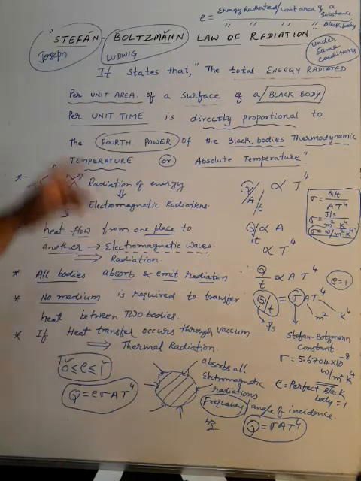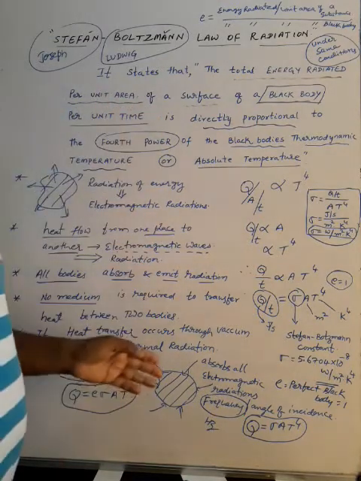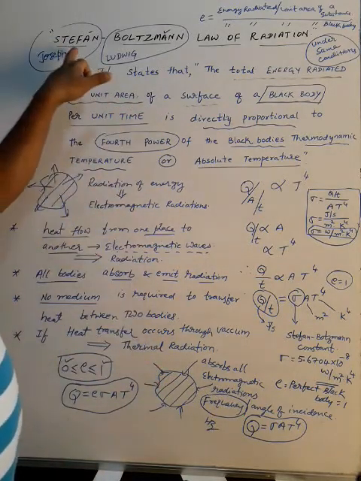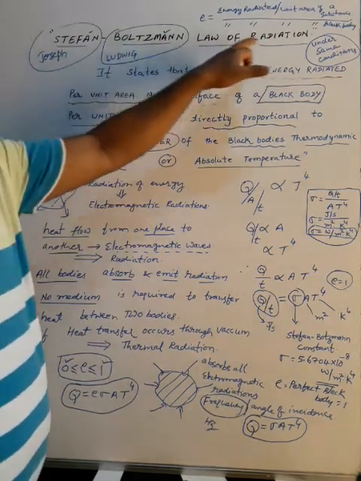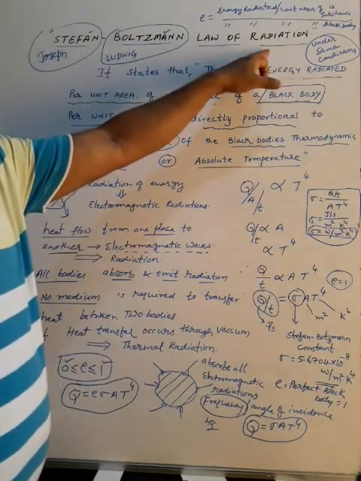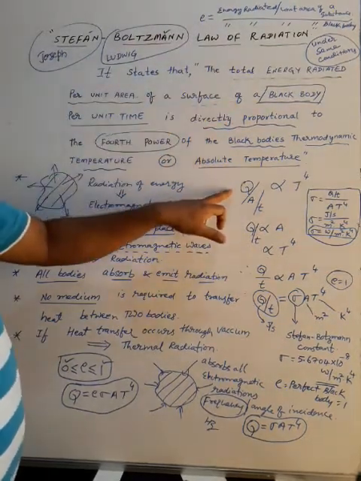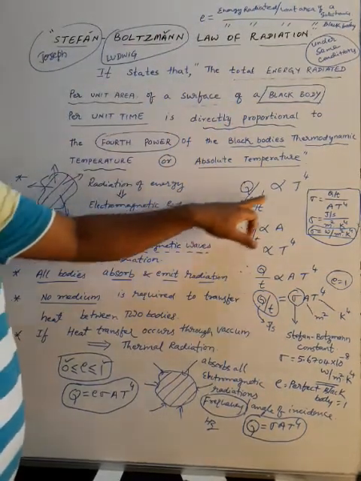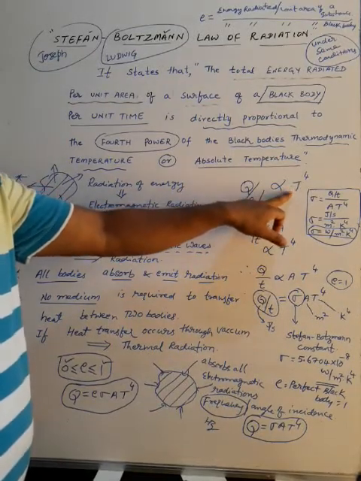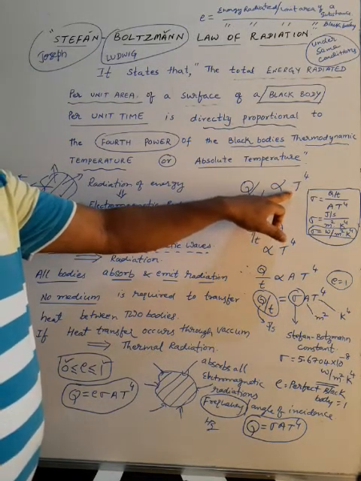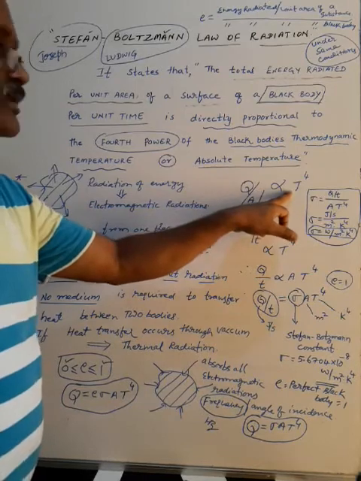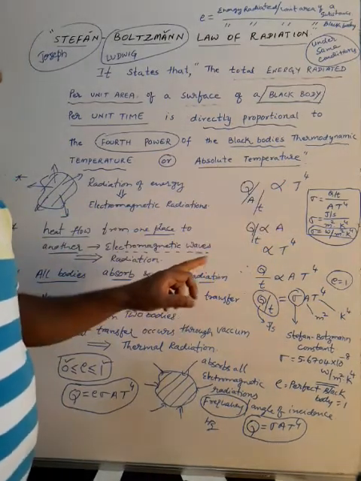Hence, let us summarize. This law is called the Stefan Boltzmann law of radiation. This law is for radiation. It states that the rate of heat transfer per unit area is directly proportional to the fourth power of the black body's thermodynamic temperature or absolute temperature.